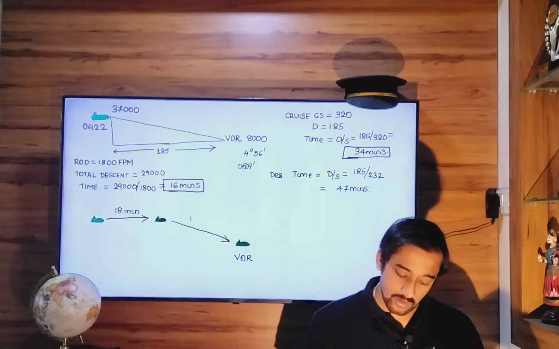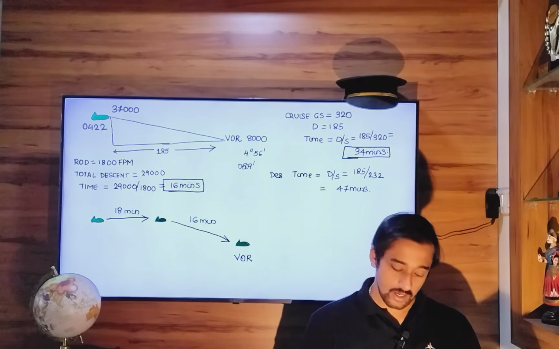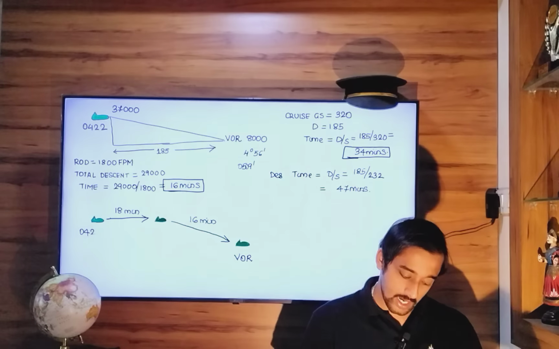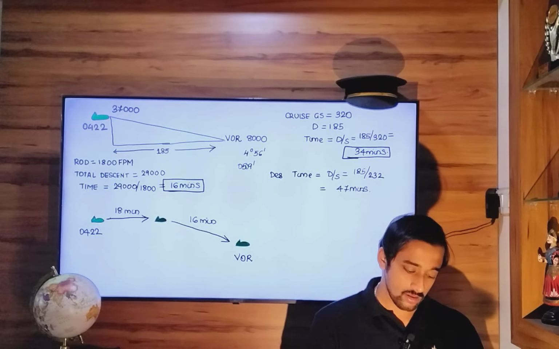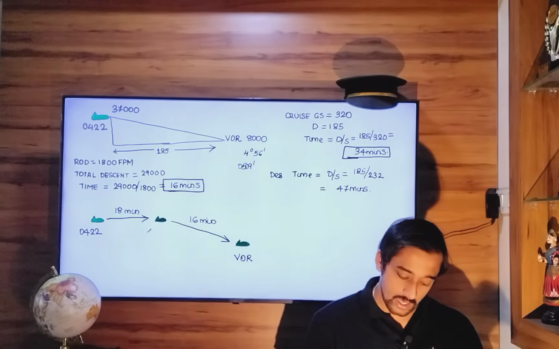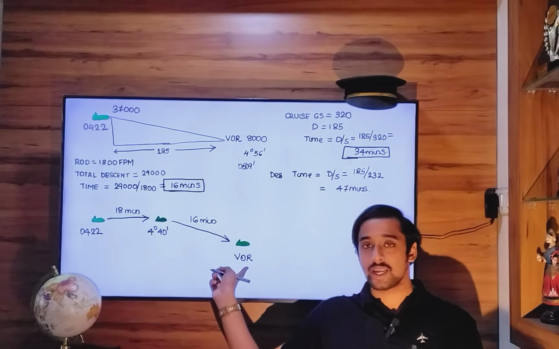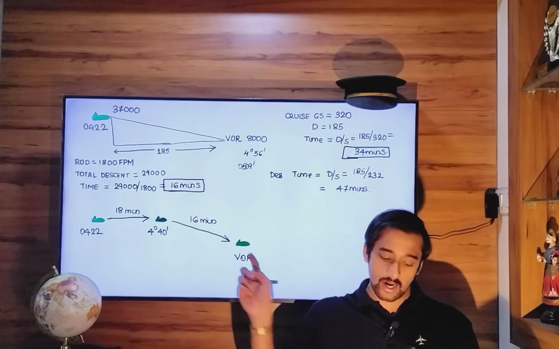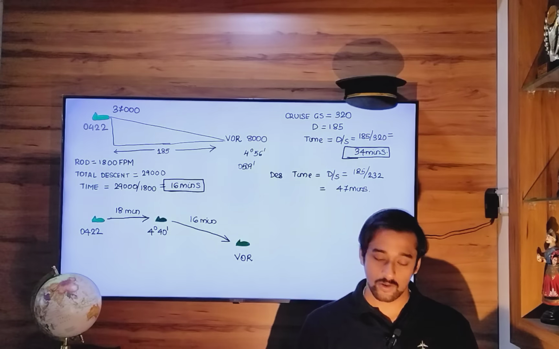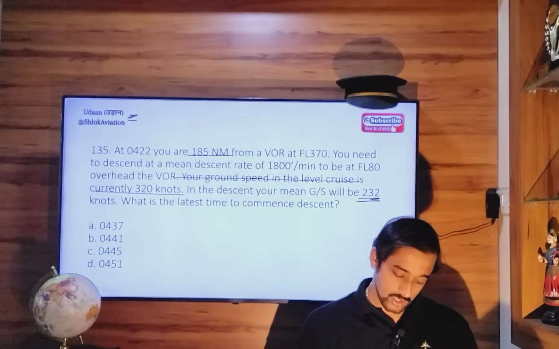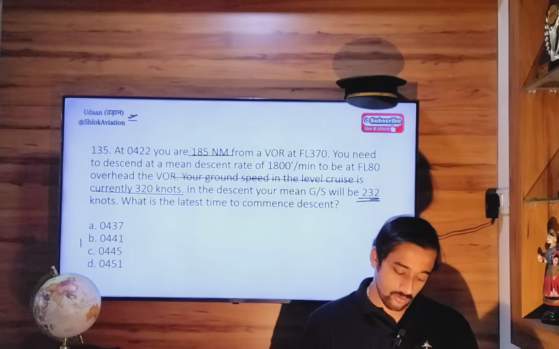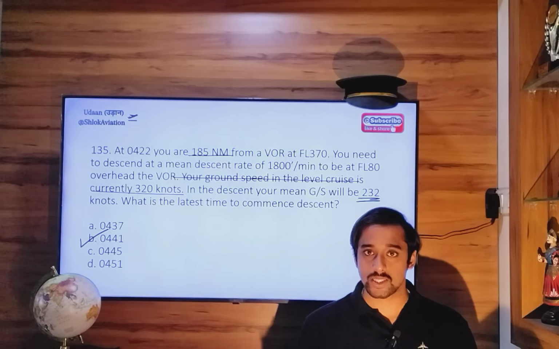The next 16 minutes you should descend. So 0422 plus 18 is 4 hours 40 minutes. At 4 hours 40 minutes you should start descending so as to be over VOR at 4 hours 56 minutes. Okay. So you should start at option Bravo, 4 hours 41 minutes, the closest.